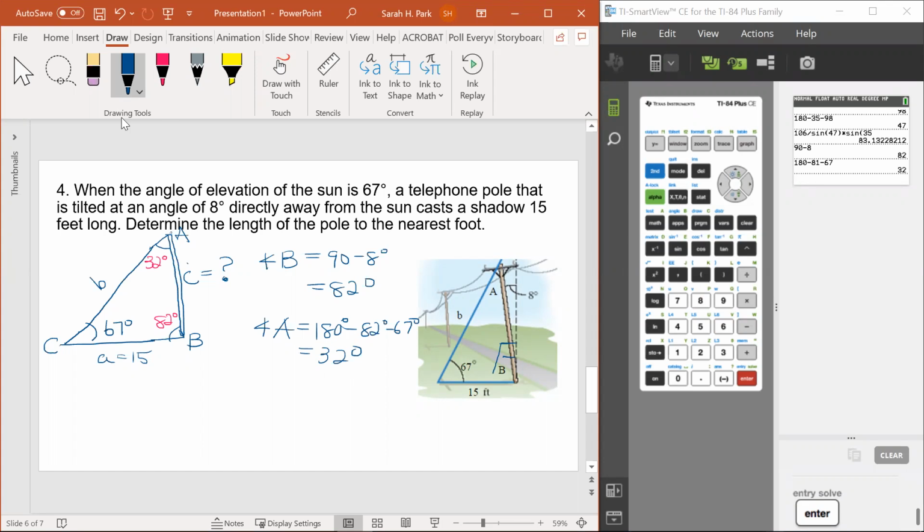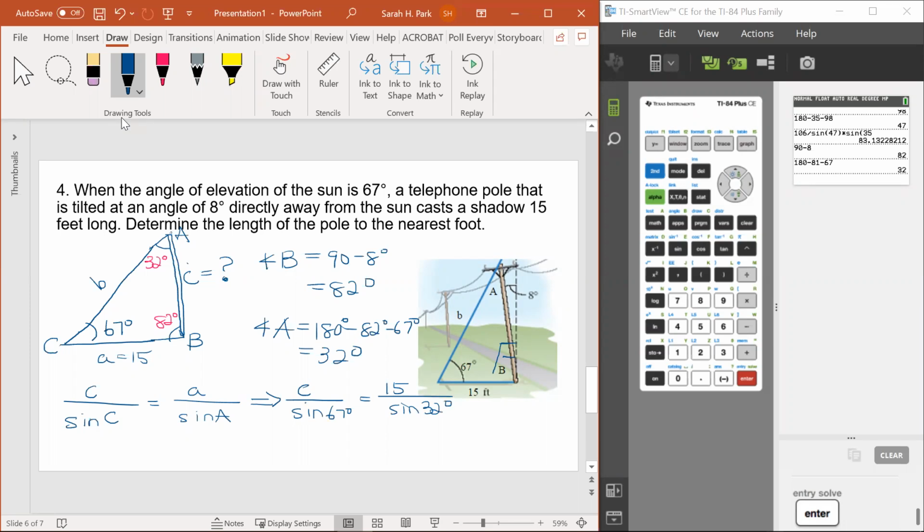So we're looking for C, so I'll start with that little side c over sine of angle C, and then we're going to use little side a with sine of angle A. All right, so c over sine of 67 degrees is equal to a, which is 15, over sine of 32 degrees.